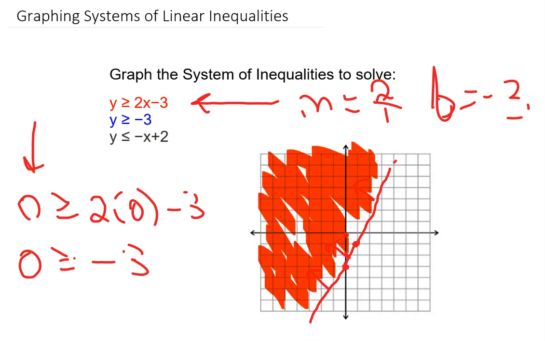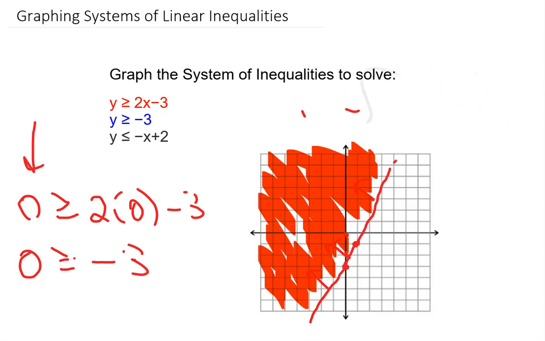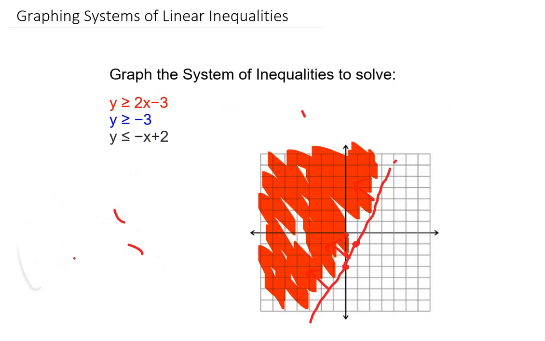Now I'm going to do my blue inequality next. And you can see that one says that y is greater than or equal to negative 3. So we're going to go on this graph to where y is at negative 3, which will be this point here.